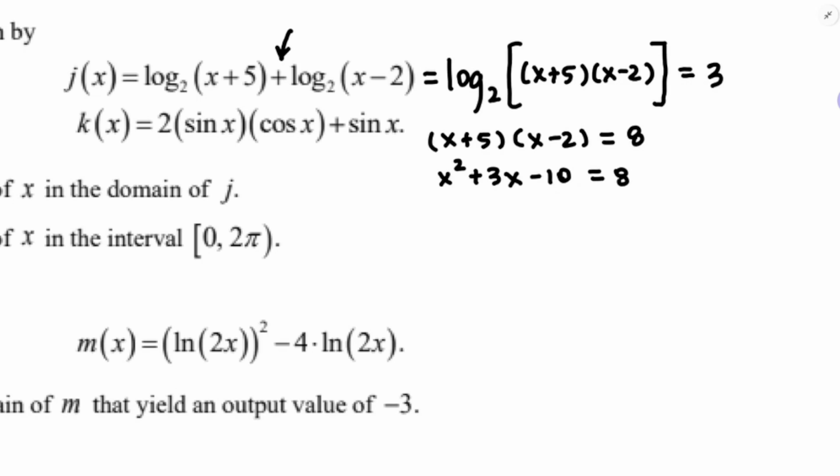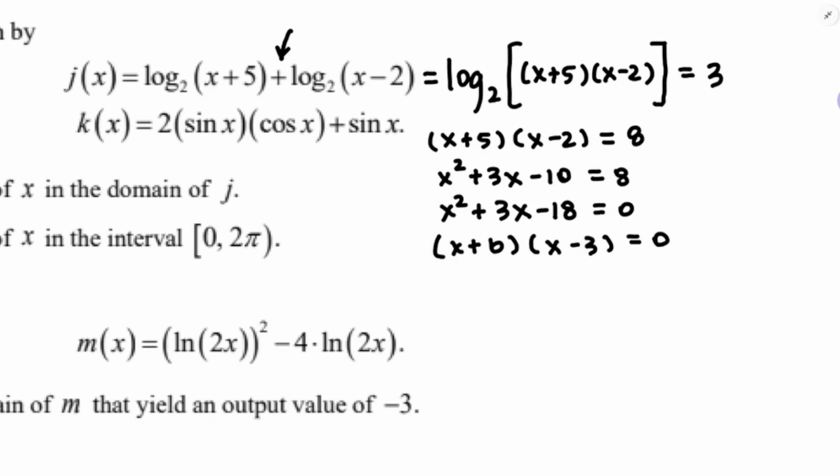I'm going to subtract 8 from both sides of the equation. Factor two numbers that multiply to negative 18 and add to positive 3. It's going to be 6 and 3, but it would need to be plus 6 and minus 3. Okay, so that's going to be x equaling negative 6 or x equaling 3.